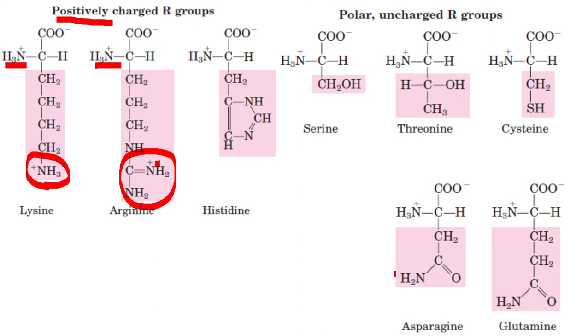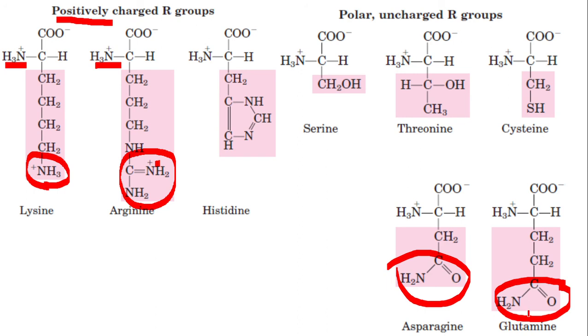And here there are two amino acids, again polar and uncharged, and there is a difference. They have amide groups in their R groups. Actually, they are derived from aspartic acid and glutamic acid. Respectively, we call them asparagine and glutamine. CONH2. If this NH2 was not there, it would be COOH, and we called it aspartic acid or aspartate.